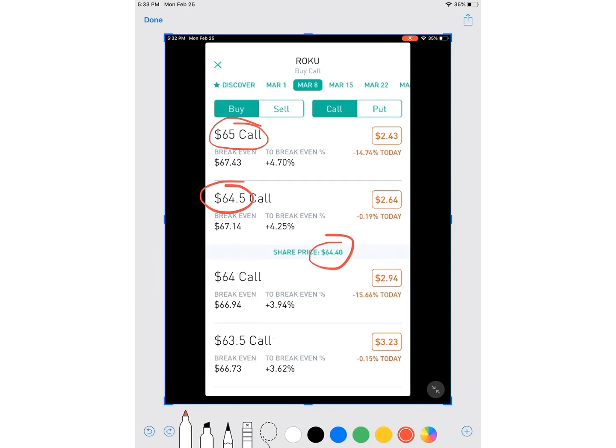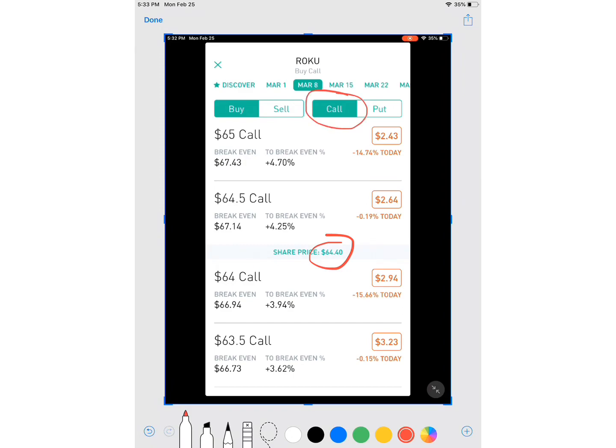Because I'm doing a call option, I want these two to be my strikes because I believe it's going to go up, right? You always buy 1 to 2 spaces above your share price for a call option.